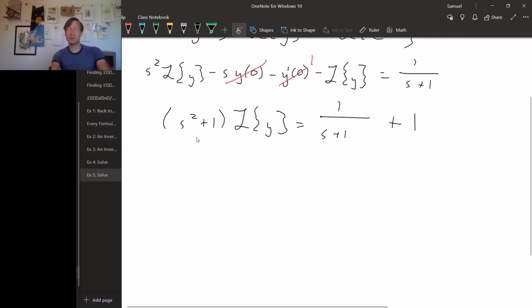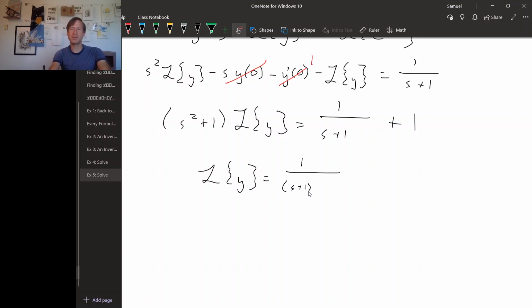All right, now we need to solve this equation algebraically for Laplace transform of y. We get Laplace transform of y equals 1 over s plus 1 times s squared plus 1, plus 1 over s squared plus 1.